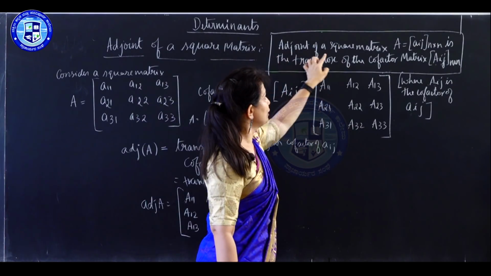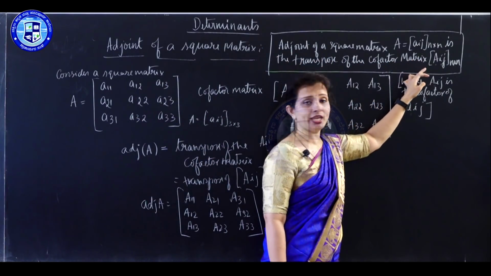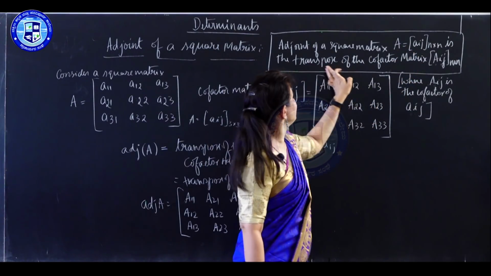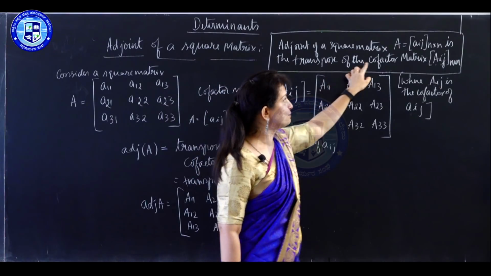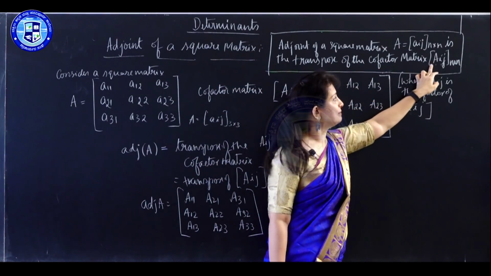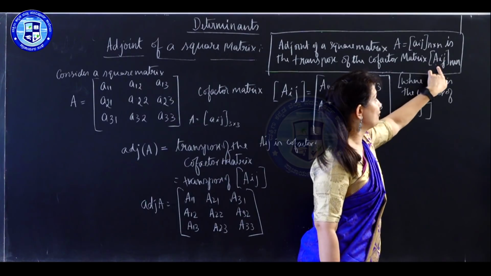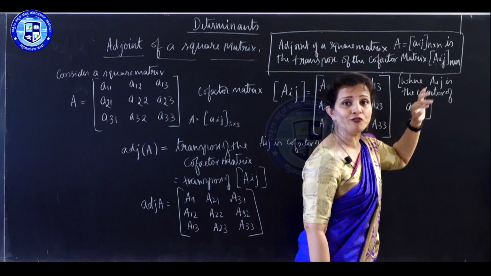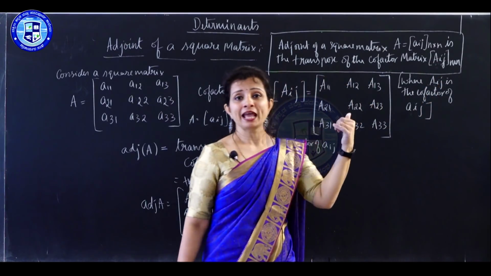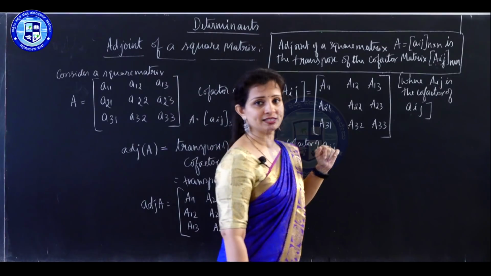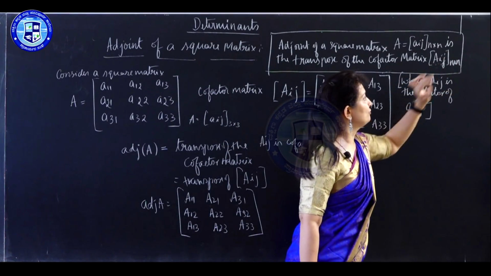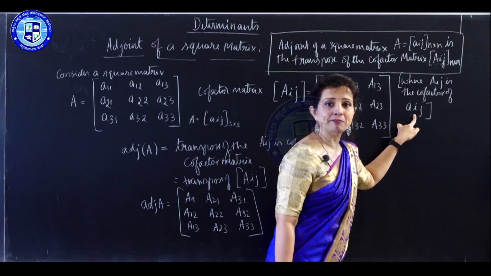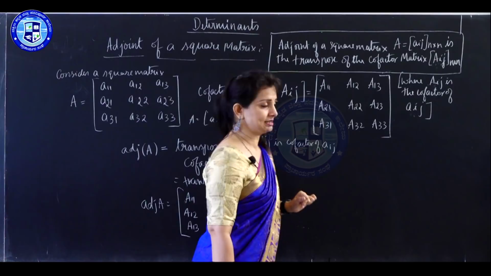Once again, the adjoint of a square matrix A, where A is a square matrix here, is defined as the transpose of the cofactor matrix. The cofactor matrix is a matrix where each element is a cofactor Aij. This block letter denotes the cofactor. Small letter a denotes an element of a matrix. So it is Aij of the same order, where Aij is the cofactor of the element aij of the matrix.